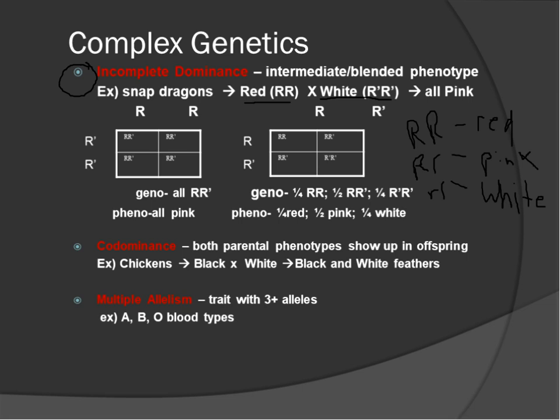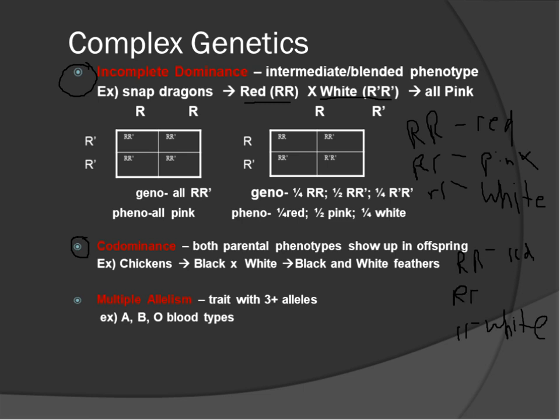So little r and R prime are the same thing. I'm just trying to show you where the whole scenario works in. So if you see the word incomplete dominance, just know that the middle, or the heterozygous one, is a mix between the 2. That's different than codominance.